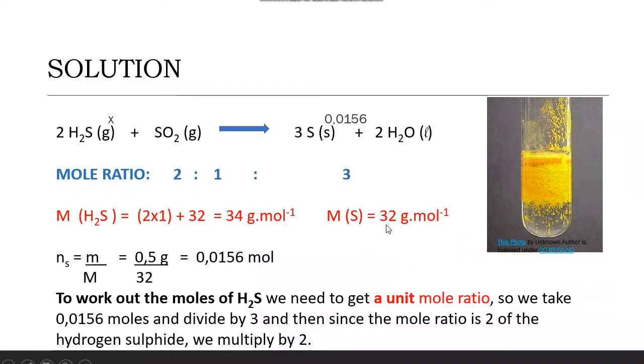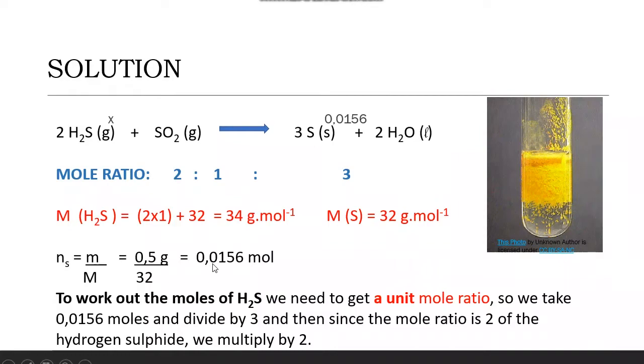Right. That's our good starting point now, because we see that we've got a solid over here. This solid is 32 grams per mole, the sulfur, and we can convert it into moles. So the moles n of sulfur is the mass over the big M. The mass we actually have is 0.5 gram, and the molar mass is 32 grams per mole.